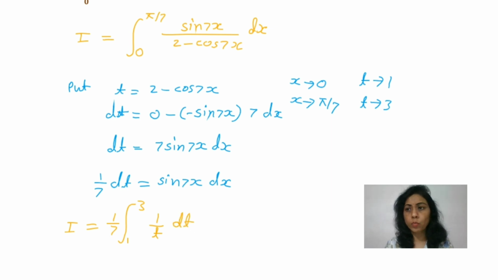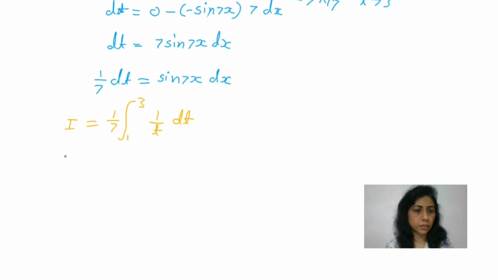Okay, now we can easily integrate, so 1 upon 7, this is ln t, when we integrate 1 upon t, with limits 1 to 3.